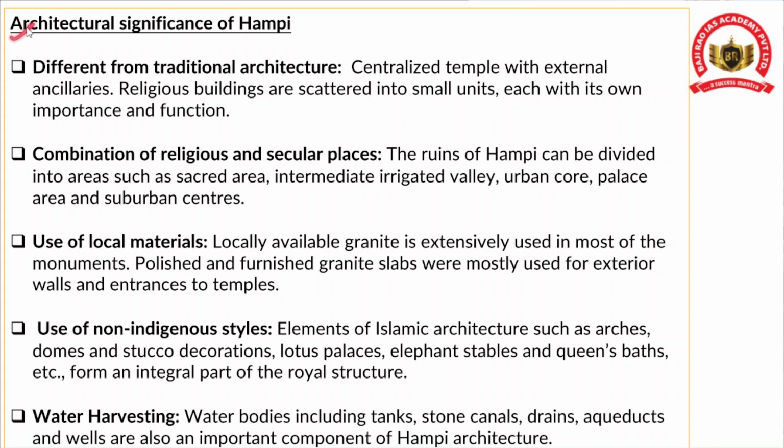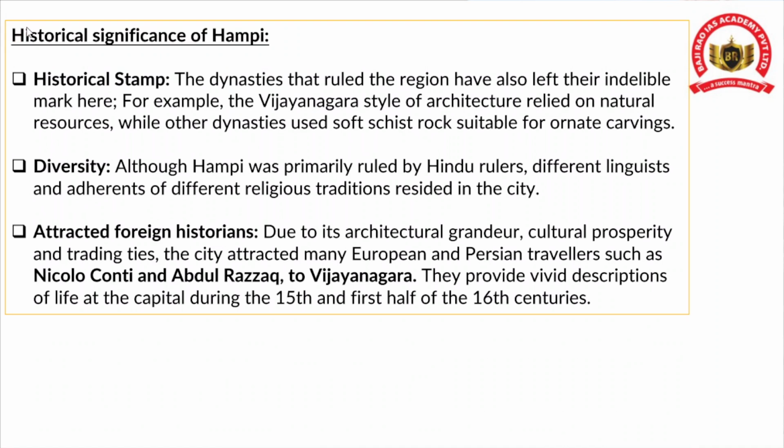Okay. So next we need to write about the historical significance of Hampi. What is the historical significance of Hampi? First and foremost, the dynasties which ruled over the Hampi region left an indelible mark. We can mention the example of Vijayanagara style of temple architecture, which relied on natural resources. What does this mean? Earlier we learned that temples at Hampi used locally available material.